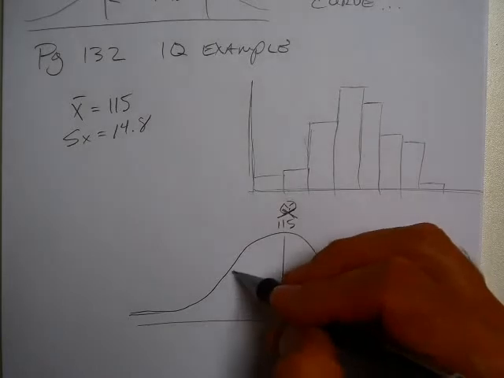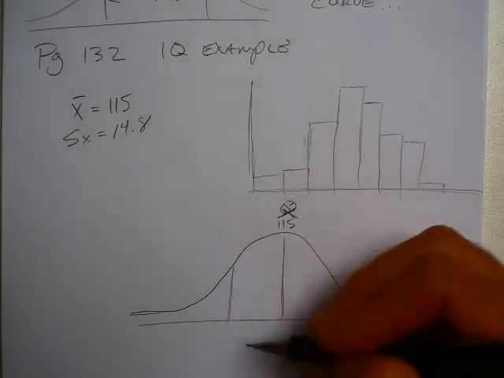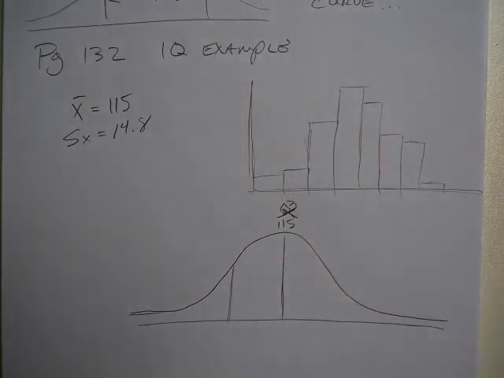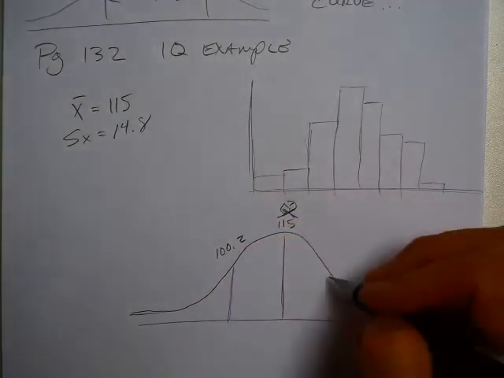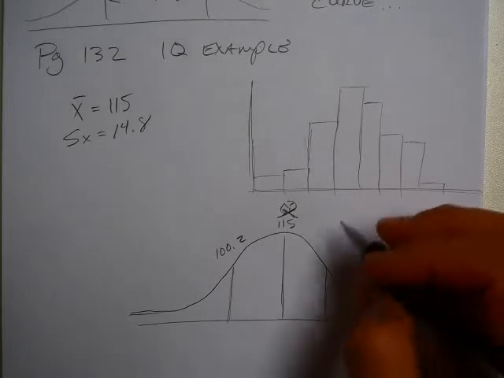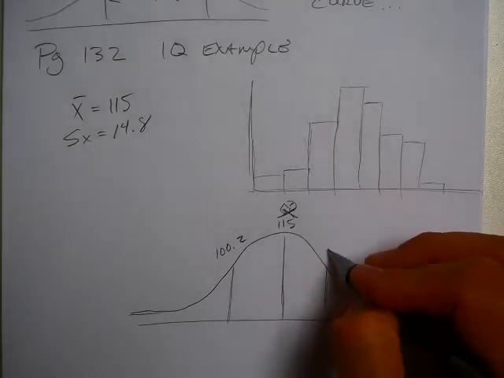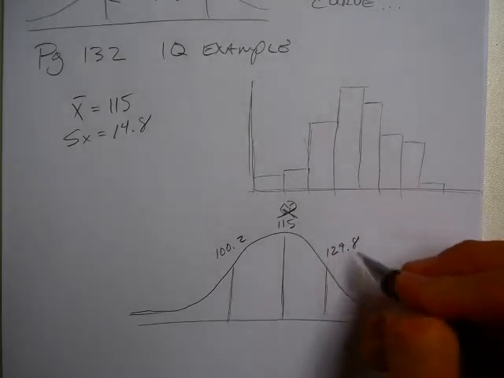One standard deviation below the mean would be minus 14.8, so that would put us at about 100.2. And one standard deviation above would be plus 14.8, so about 129.8.